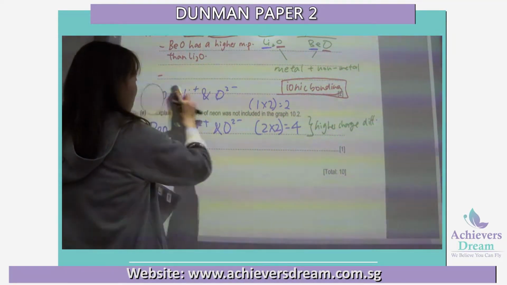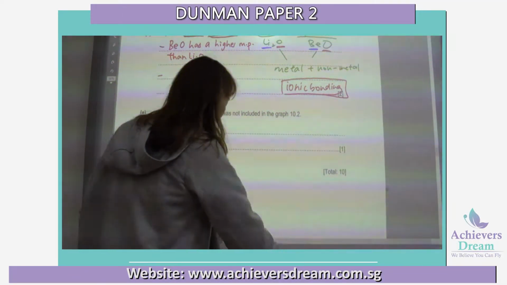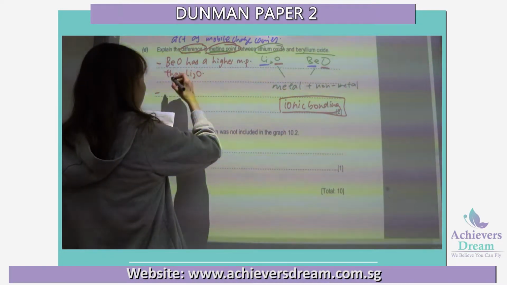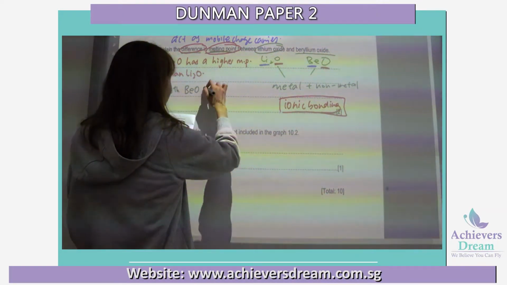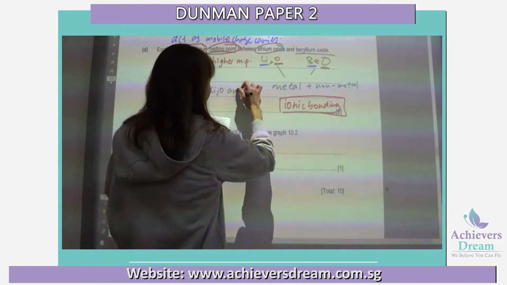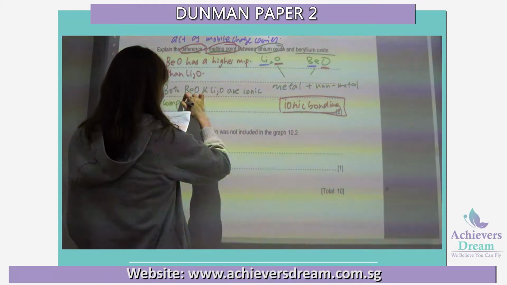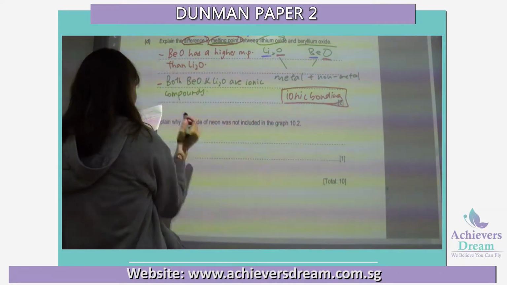Okay, so I erase this. So once you understand this concept, how do I phrase it? You have to say that, first, both beryllium oxide and lithium oxide are ionic compounds. So how do I compare between ionic compounds? I compare the charge difference.